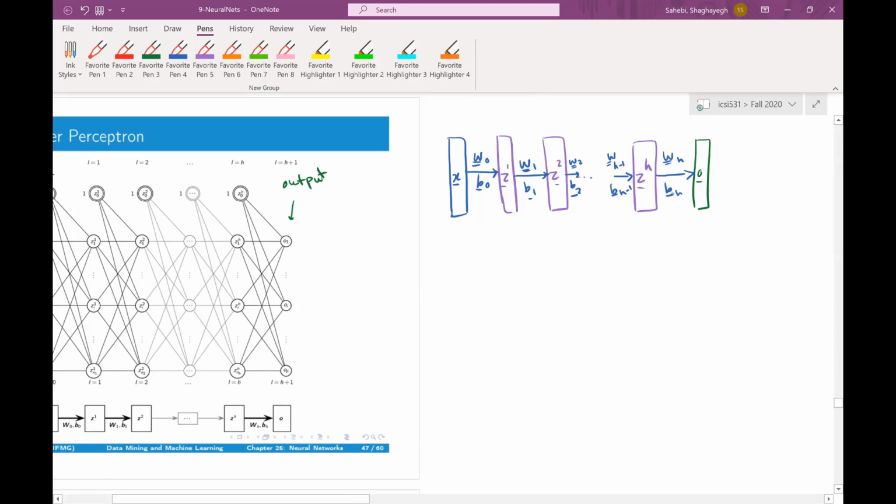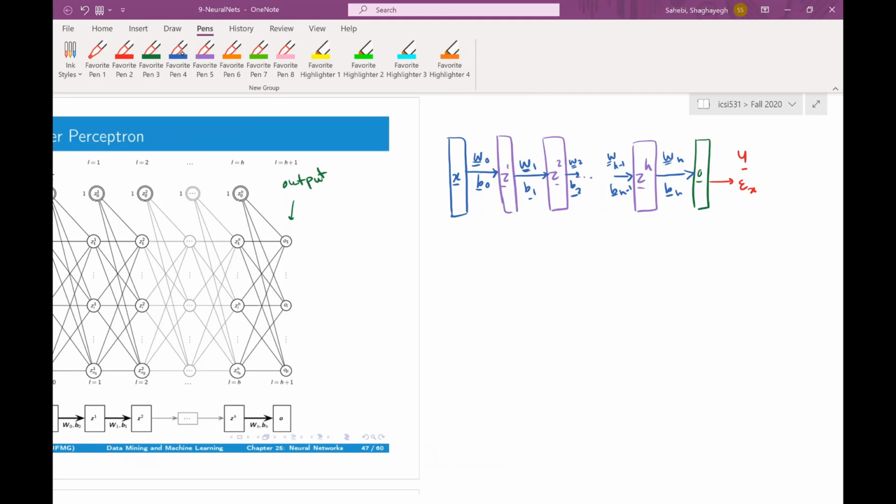And out of all of these, if we are given an input X, we can calculate the output O using this network, and having the output O and using the actual outputs that are in the data, Y, we can calculate the error or epsilon of X. So you can see that it's very similar to what we have seen before.